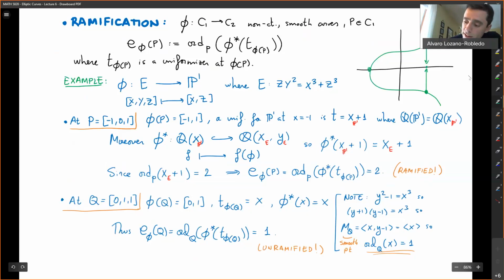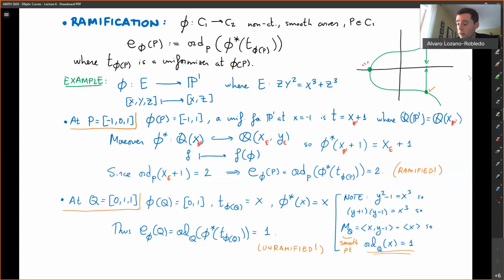And the problem is that some points only have one pre-image, such as that point. So at this point, we're going to say that there is ramification, while these 2 other points are fine. Okay, so that is the definition up above of ramification.